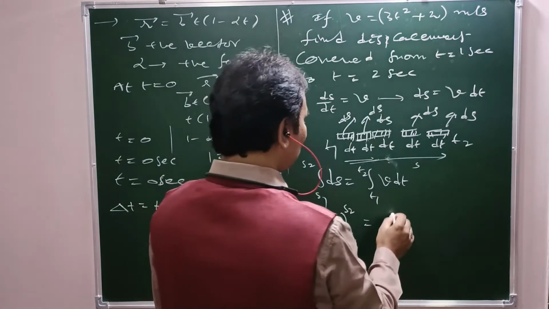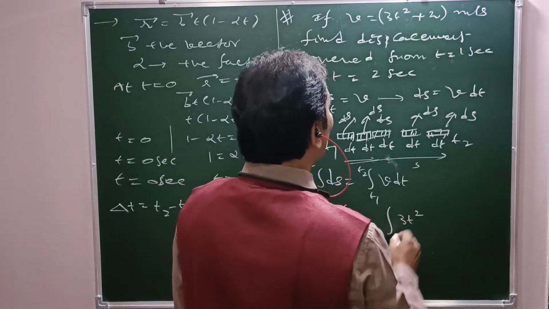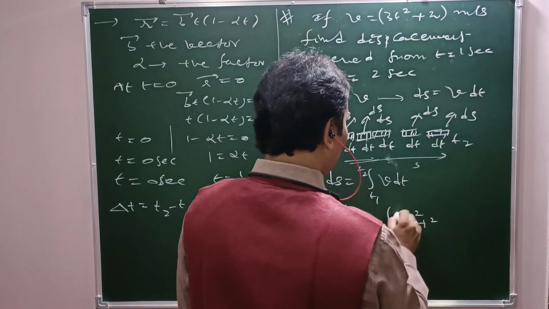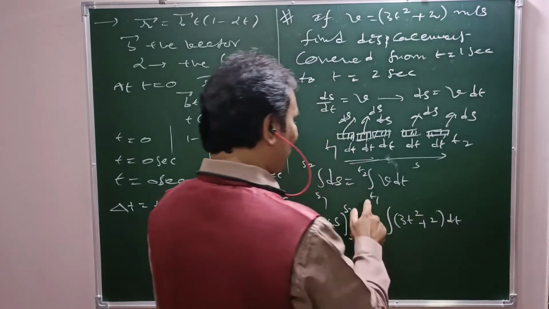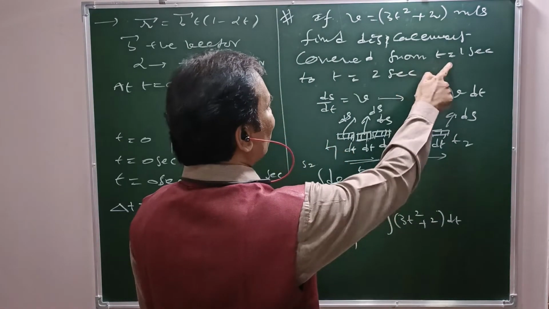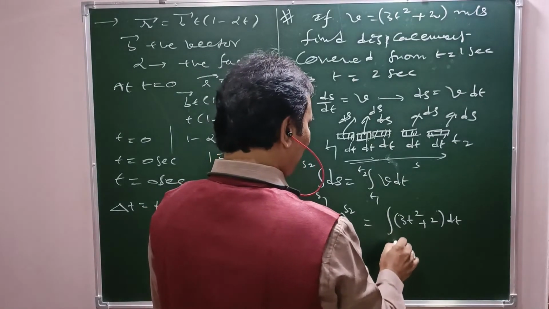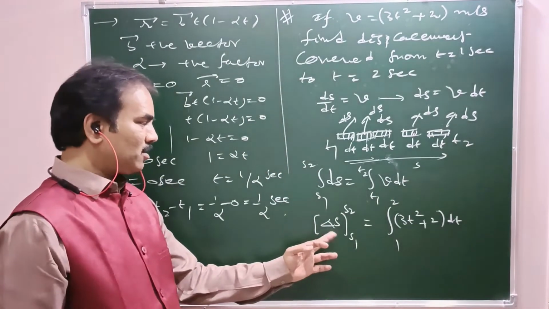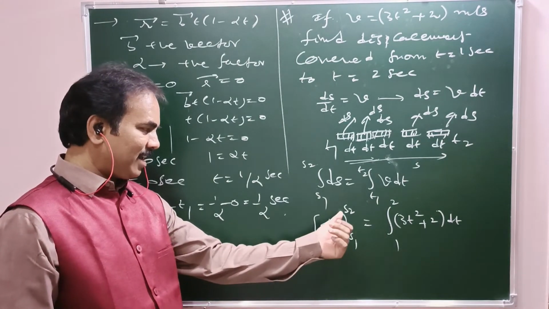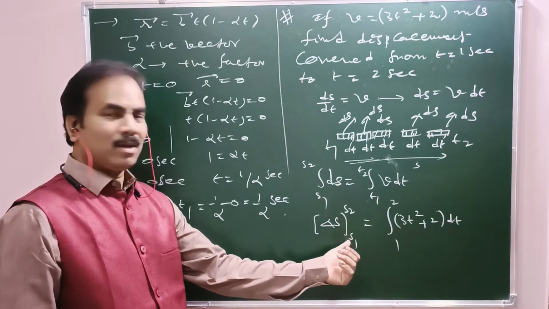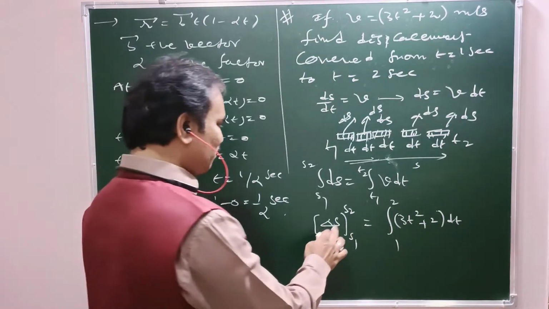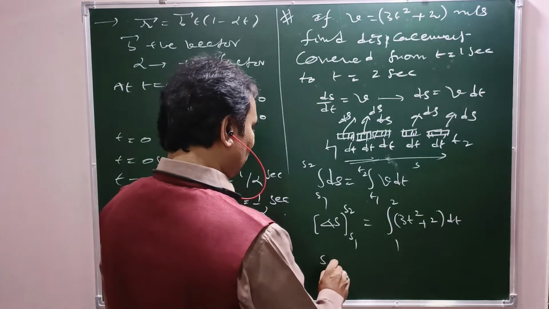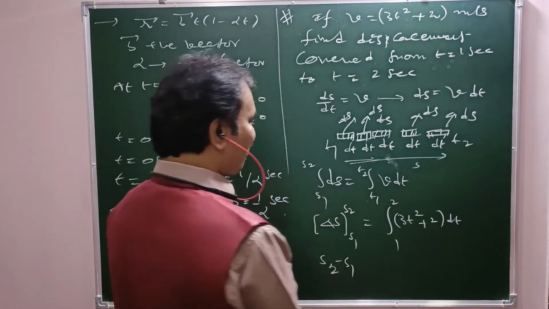V means 3t square plus 2. What are the limits for time? Here t1 means 1 second, t2 means 2 seconds. Integral delta s means replace delta s by S2 and S1 successively, that is delta s means S2 minus S1, upper limit minus lower limit.